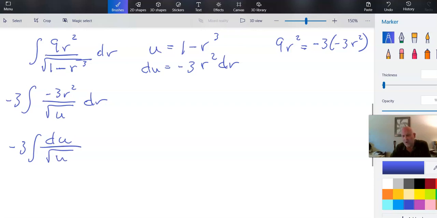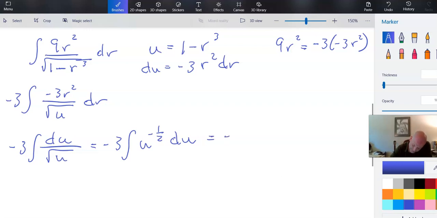Now I can look at this as 1 over the square root of u if I want. And actually it's probably easier to look at it this way. And if I look at it that way, that tells me exactly how to deal with this integral.